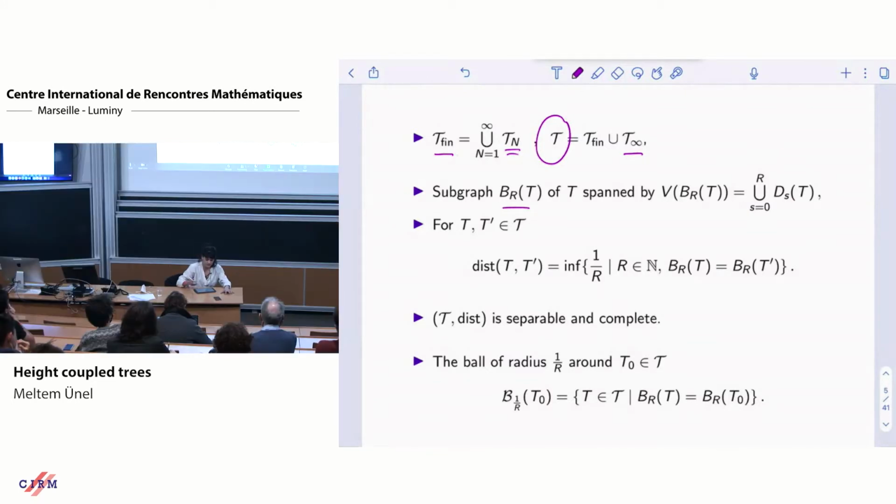The metric is defined such that the distance between two trees is the infimum of 1 over r, where r is a natural number such that these subgraphs agree, so the two trees agree up until height r. And then the ball of radius 1 over r around a tree T0 in T is the set of all trees that agree with T0 up until height r.